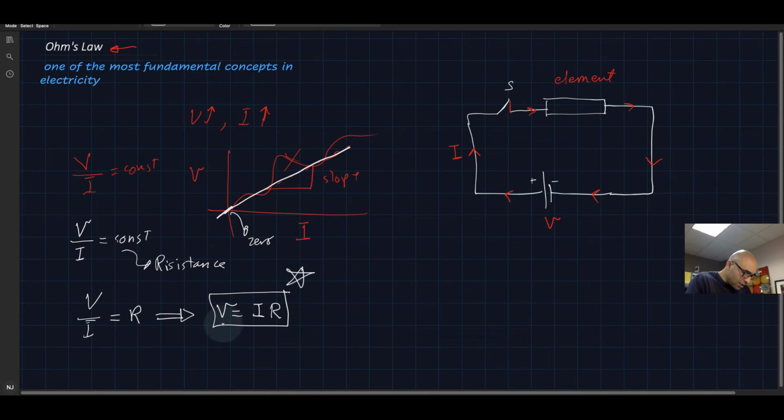This equation tells us that the voltage difference across an element in a circuit, this voltage difference here, is equal to the amount of current I that goes through the element, and I'm going to call the element here R, the resistance.